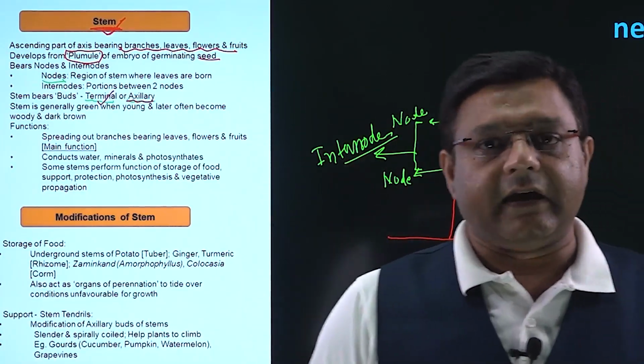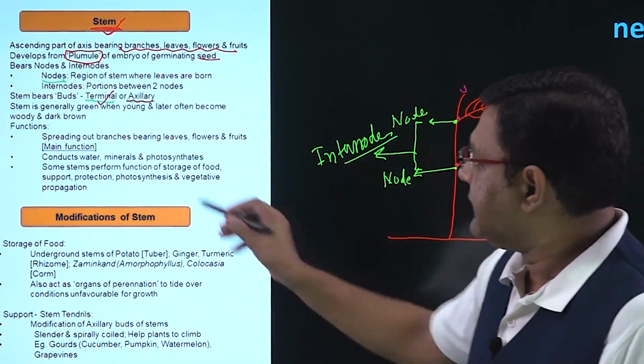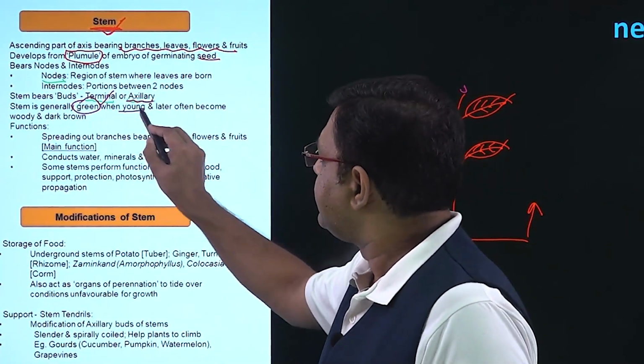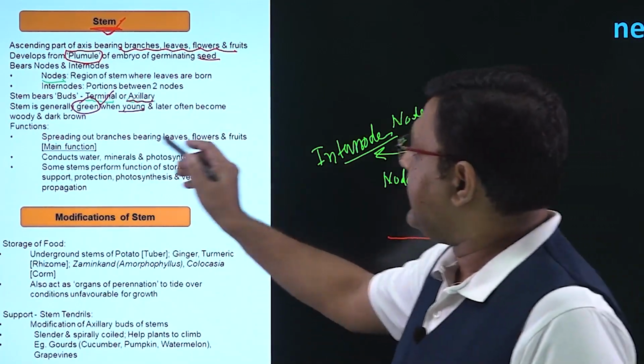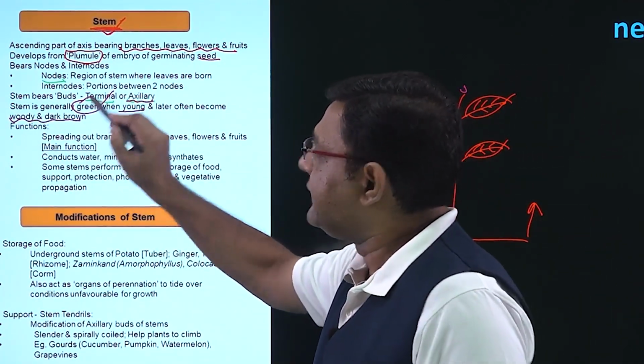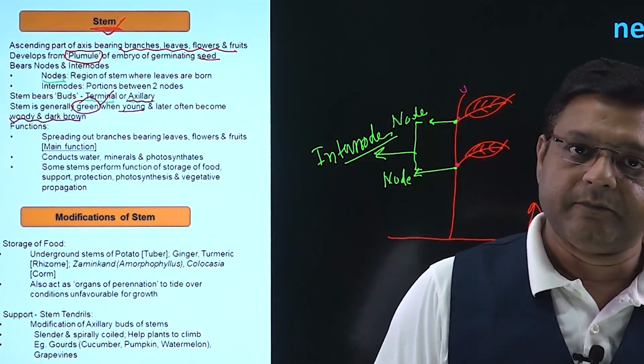Talking of the color of stem, initially the stem is green when it is young, and later it will often become woody and in color it will become dark brown.